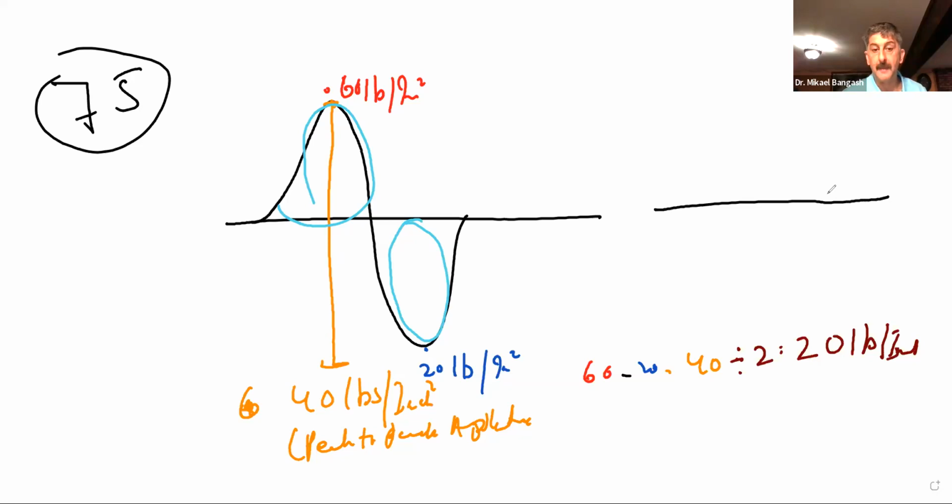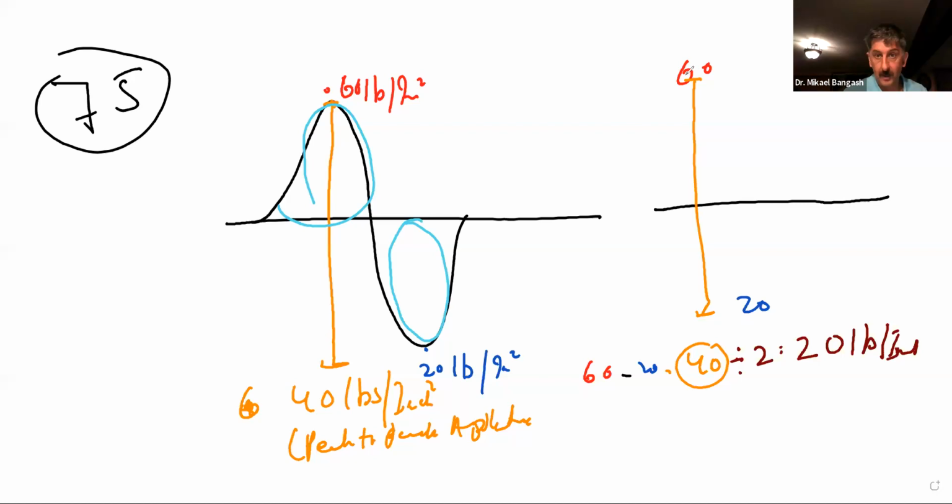They gave you the max value, which was 60, and the minimum value, which was 20. The difference between these two is 40.